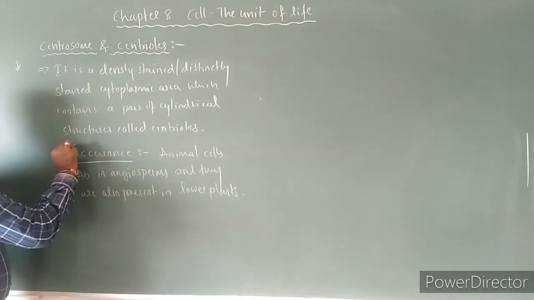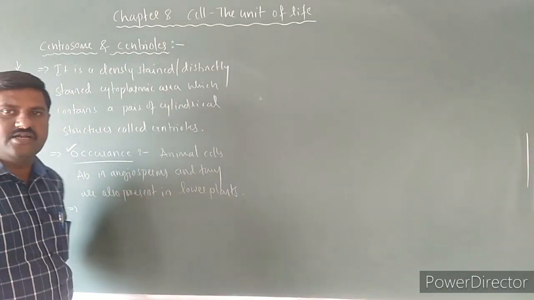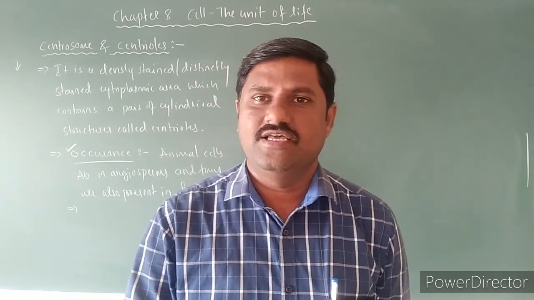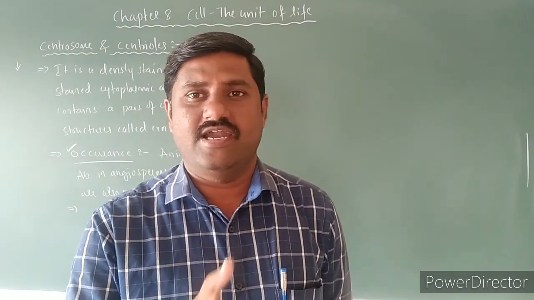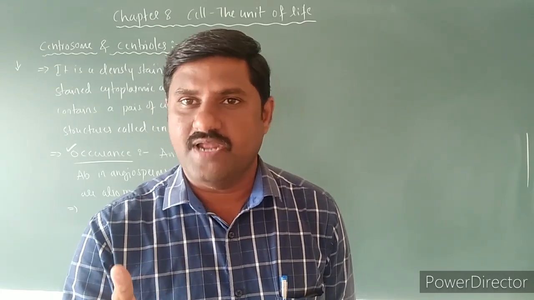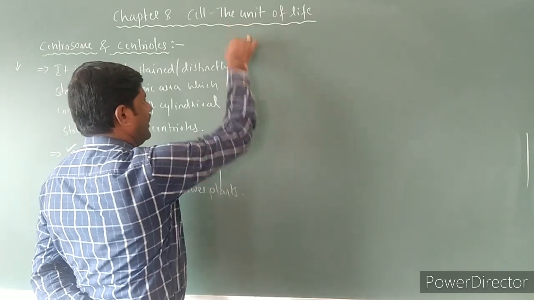This is a more important aspect. This makes the difference between the plant cell and animal cell: the presence of centriole in animal cell, and absence in plant cell.